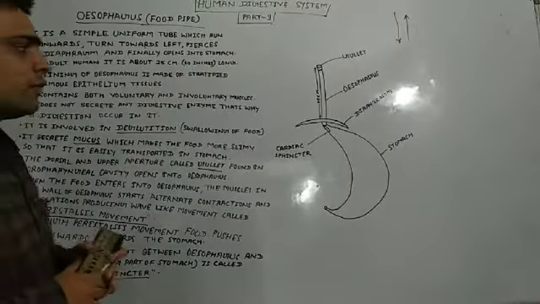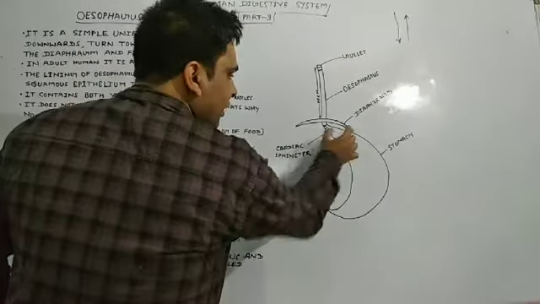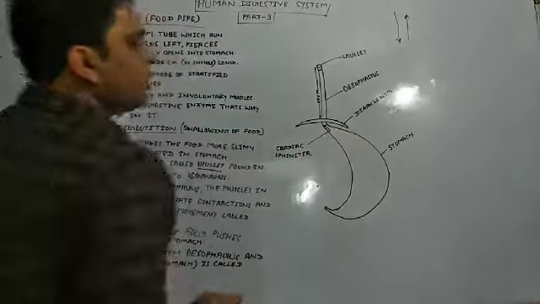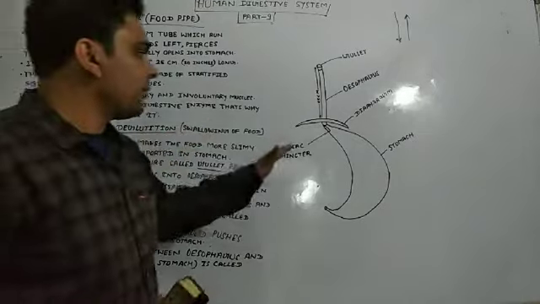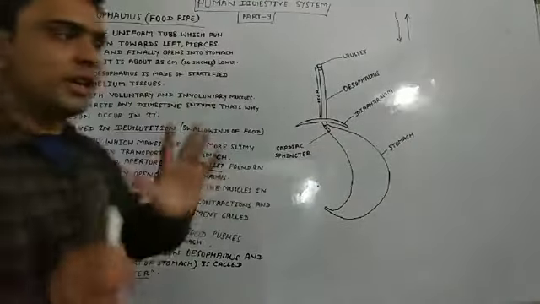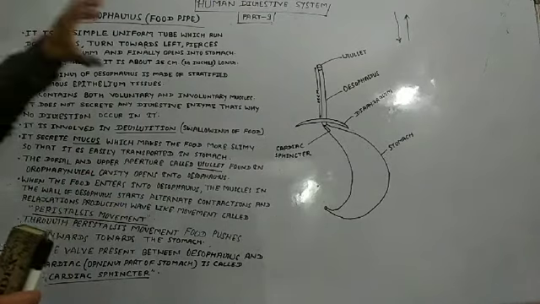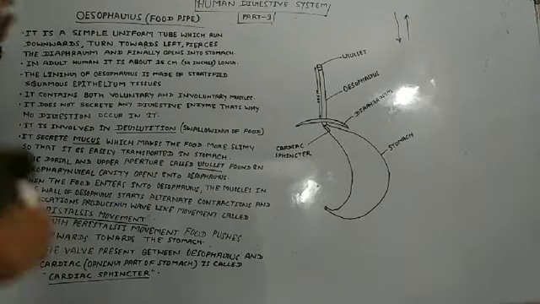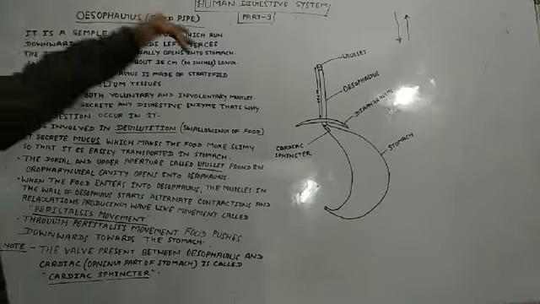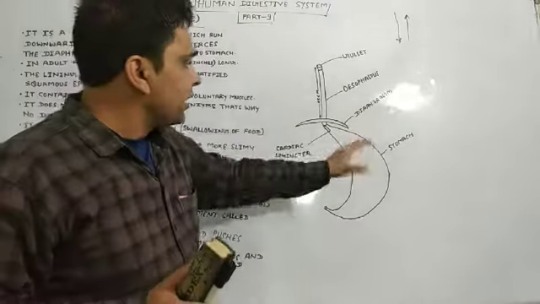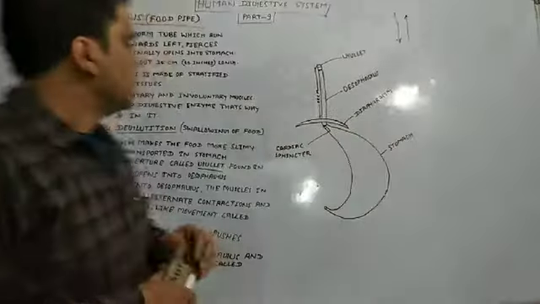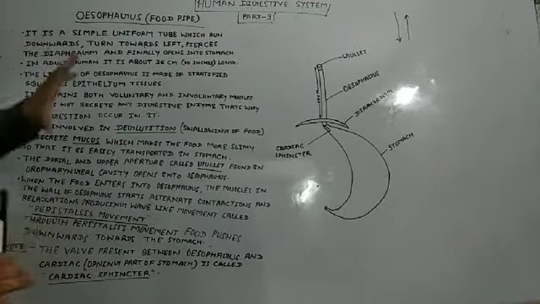And which part of the stomach? The first part, which is known as the cardiac part. So it opens into the cardiac part of the stomach. It is very much clear, students, that this is the structure, how it moves and how it connects with the stomach.